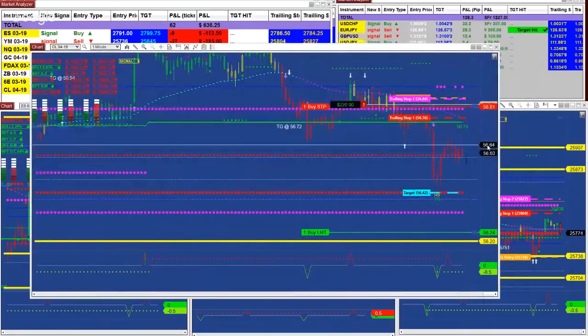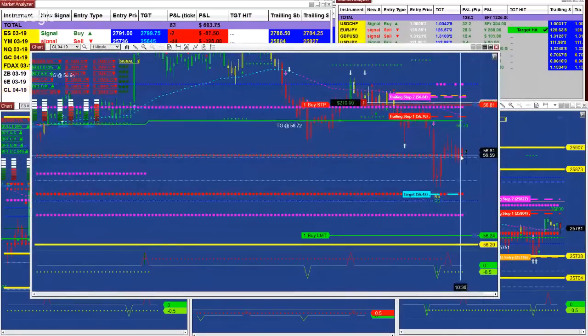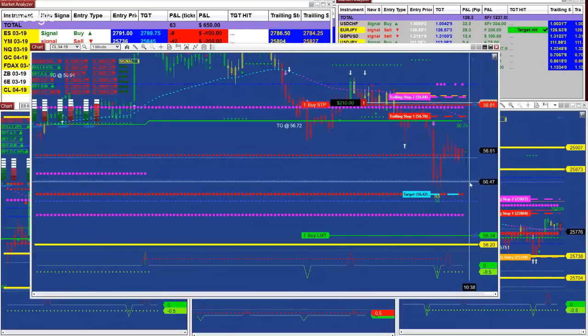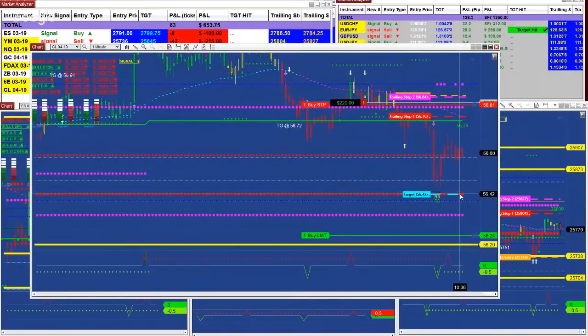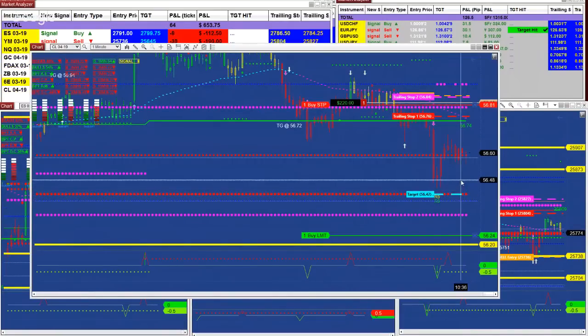On the CL trade, we are stuck on that level. Those are your zone, 56.59. The second step is 56.48. The third step is 56.42. It's loud and clear. Here's your next step, and here's your third step.